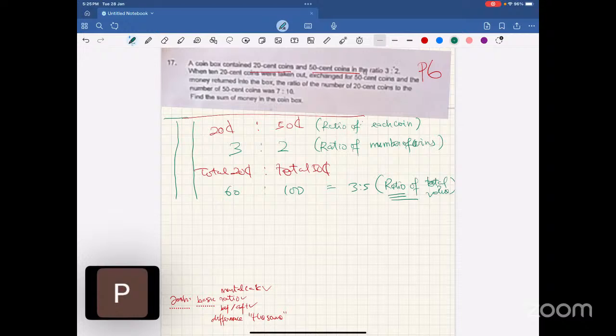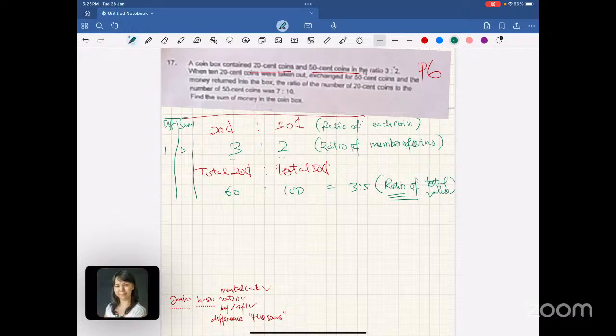You can talk about the difference, and you can also talk about the sum. The difference between 3 and 2 is 1. The sum is 5. Would that be okay?